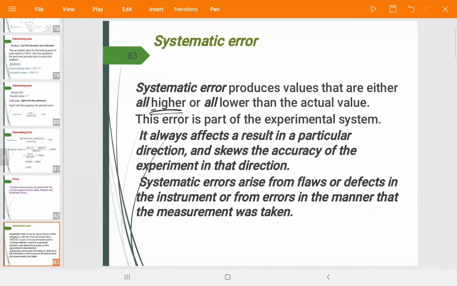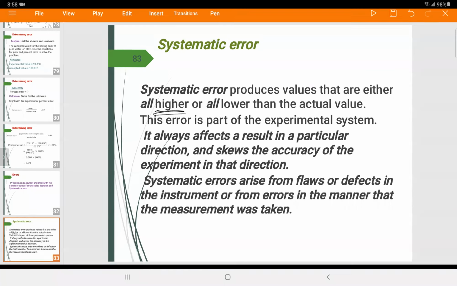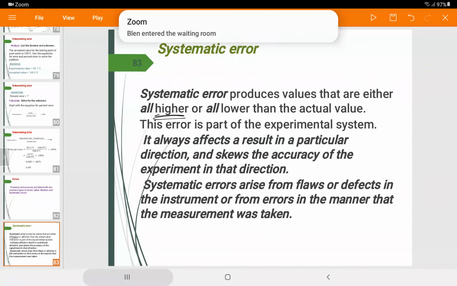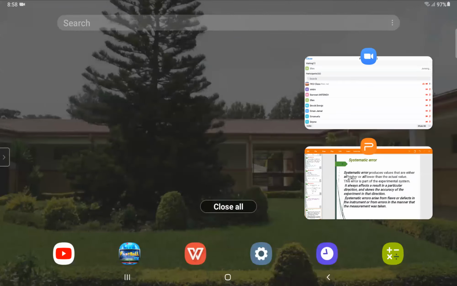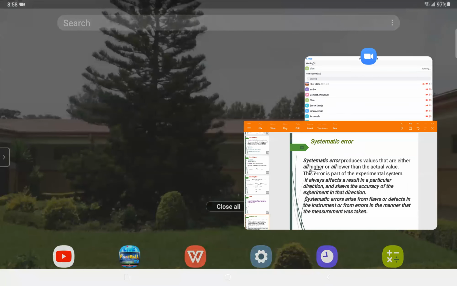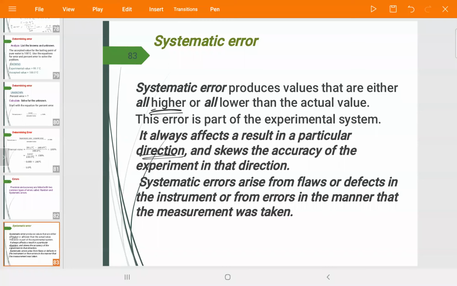Now, this always results in a particular direction, because all the values are what? Either they are higher or lower. So they are skewed to one position, because all the measured values lie to one side or to the other side.